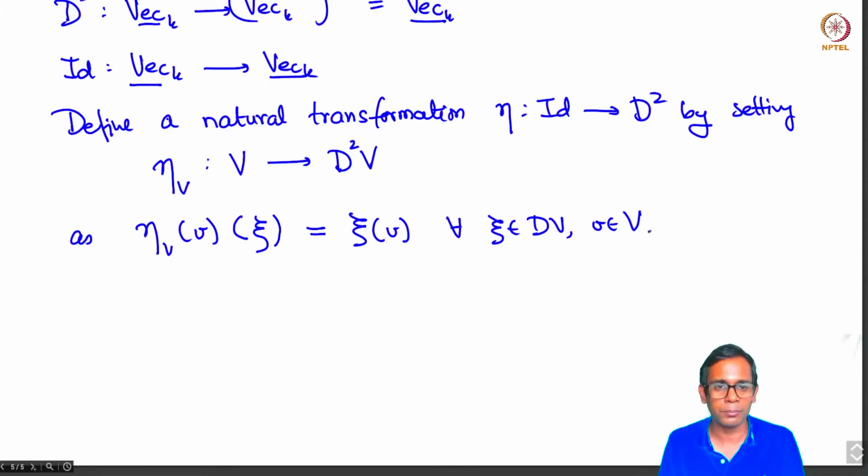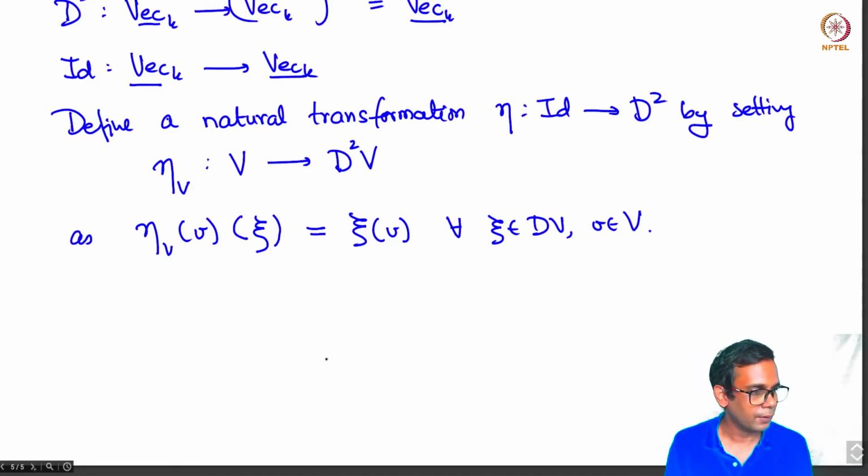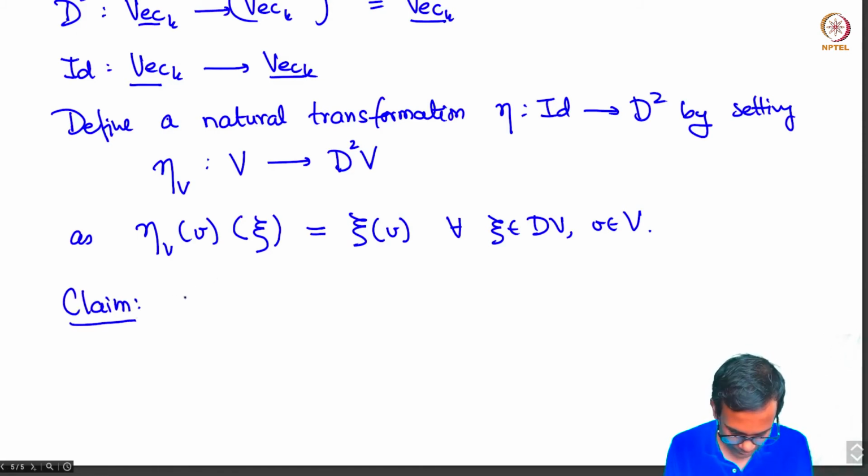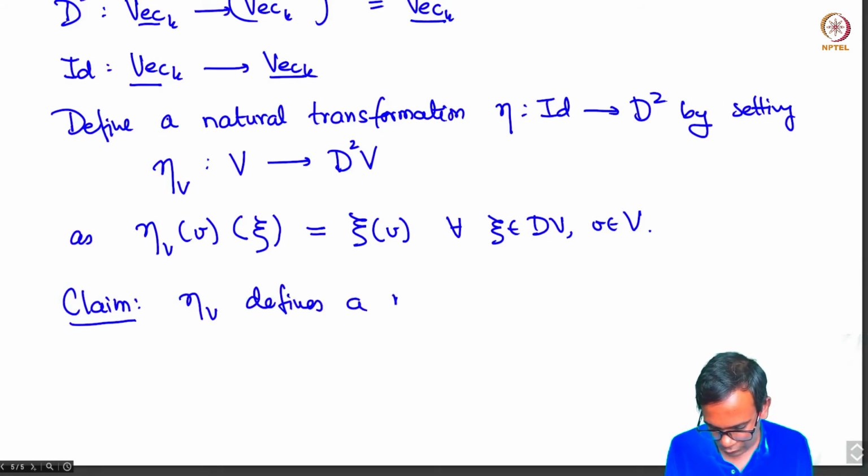It's just a formal, nice way to put things together, and because of that it ends up satisfying naturality. So the claim is that this collection eta V defines a natural transformation.